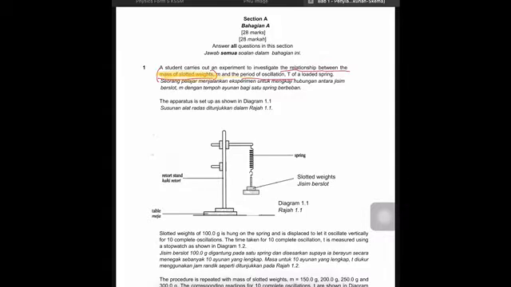So definitely you are given two pieces of information here.